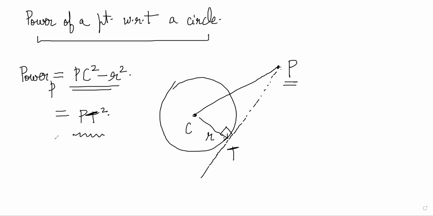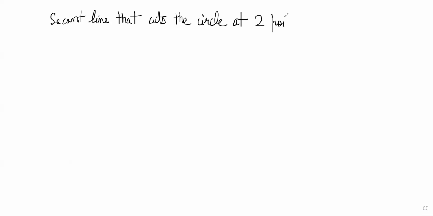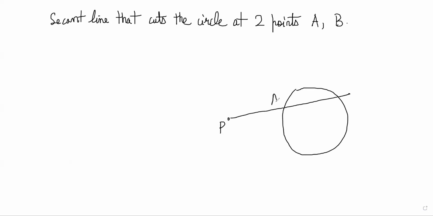Now we can also do another thing. In case you have a secant line that cuts the circle at 2 points A and B, the graph is something like this. You have a point P here and you have PA and PB, right? And this is the center of the circle. And this point is x1 comma y1, right?